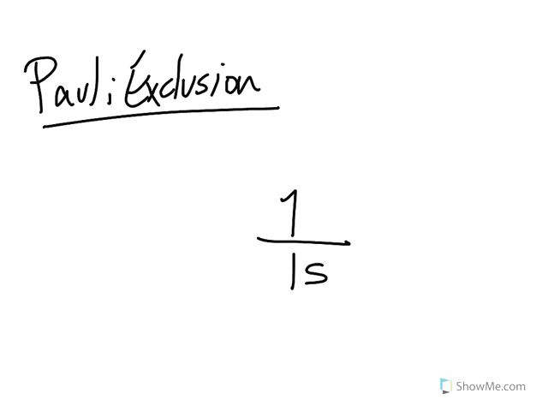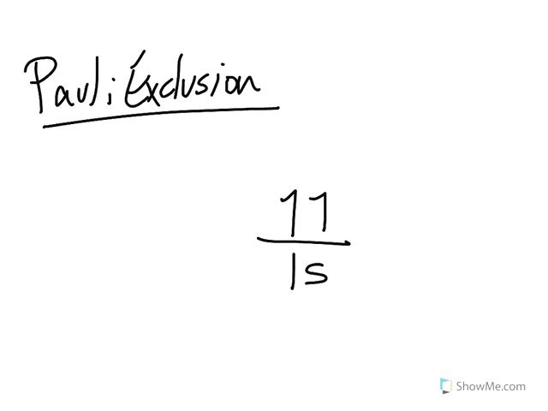Now, the next principle is the Pauli exclusion. The Pauli exclusion principle states that when an electron, which happens to be represented with a half arrow like this, fills in one of the blanks, for example, this is the 1s orbital, you can't have another electron that's pointing in the same direction in the same atomic orbital.